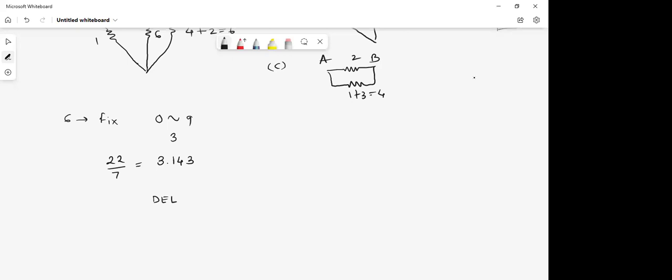DEL is written next to All Clear, and above DEL you have SD. After pressing 22/7 equal to, press this SD. SD will give you the answer in decimal, and you will find 3-digit accuracy after the decimal, because you have set it to 3-digit accuracy.